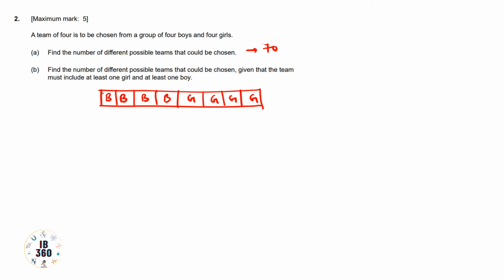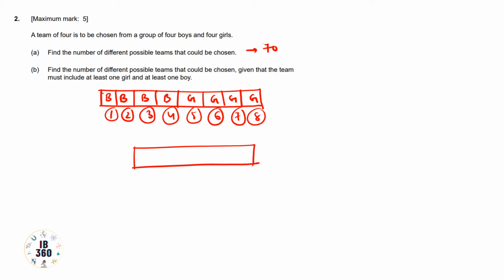This is the first position, second, third, fourth, fifth, sixth, seventh and eighth, and there are 4 chairs to fill, and at least one boy and at least one girl must be there.